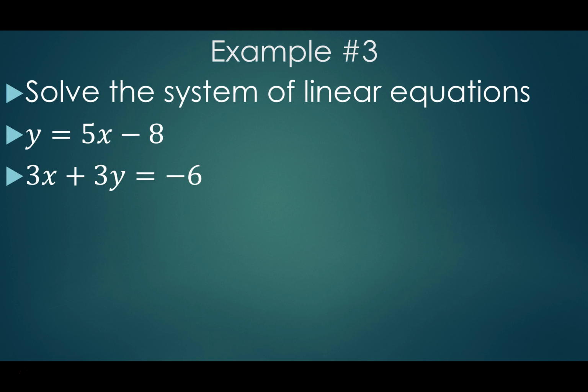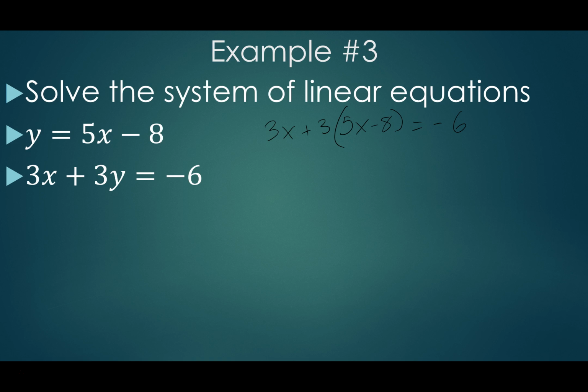Now, when we do this, we might have a situation where there's a coefficient in front of the variable, like it's 3y. Doesn't matter. We still write it out as 3x plus 3, and since we know y equals 5x minus 8, that's where we'll put in the place of the y. So it's 3 times the 5x minus 8. Because again, we're dealing with a system of equations, so we have like terms to deal with.